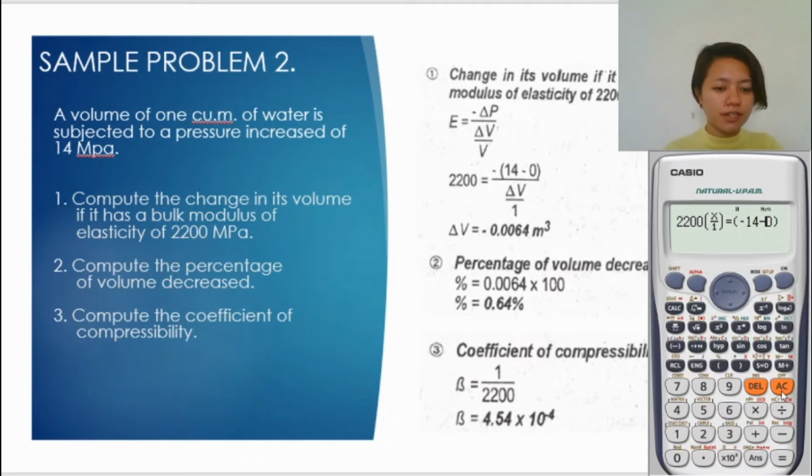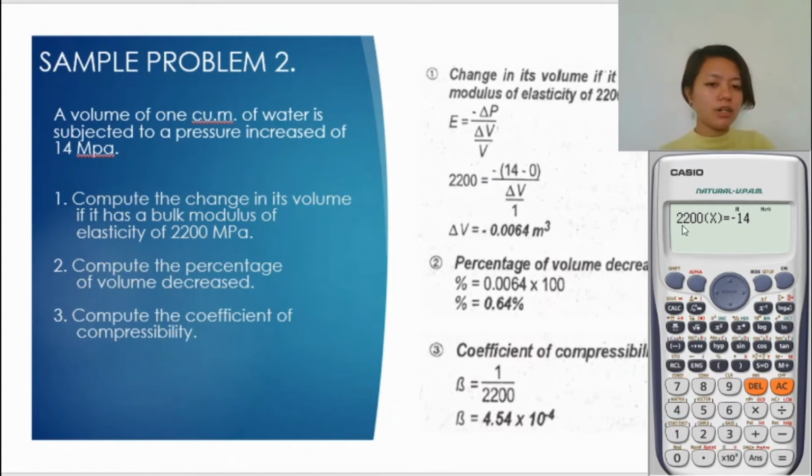Simplifying further, we have 2,200 times x, our change in volume, equals negative 14.